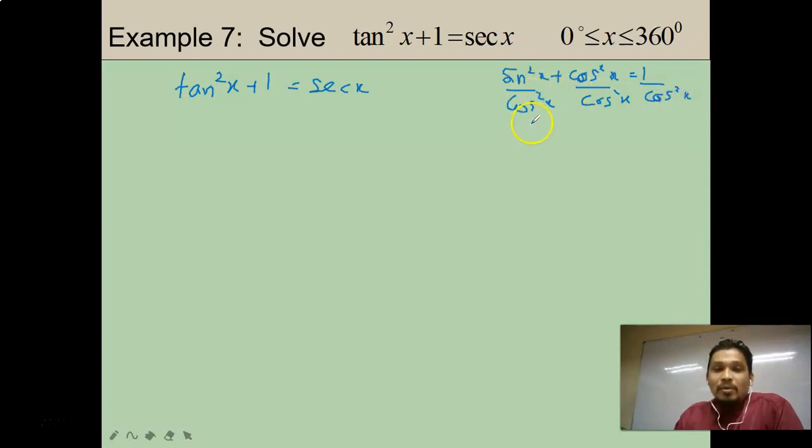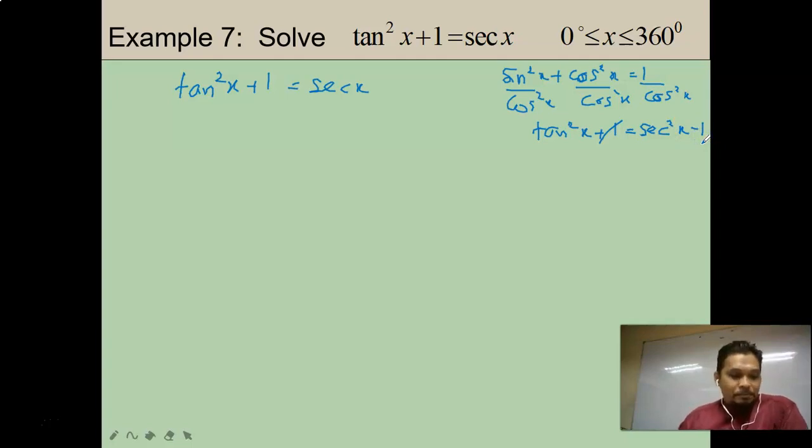Sine square over cos square equals tangent square x. Cos divided by cos equals 1, and 1 over cos square equals secant square x. Okay, bring this to the other side, it becomes minus 1.